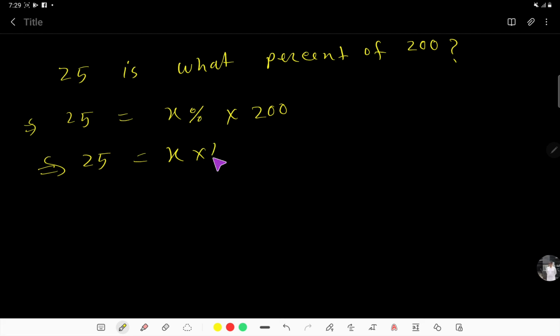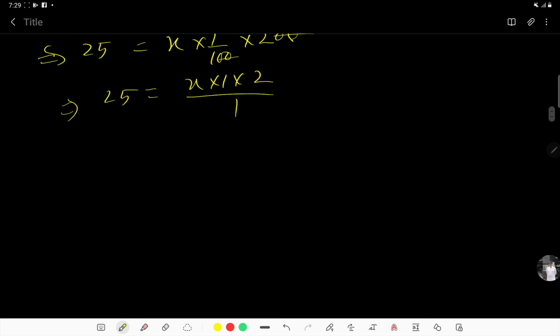Percent means 1 over 100 times 200. So cancel the zeros, so you are getting here x times 1 times 2 divided by 1, right? If you simplify, then you are getting 2x. So to cancel this, divide both sides by 2.